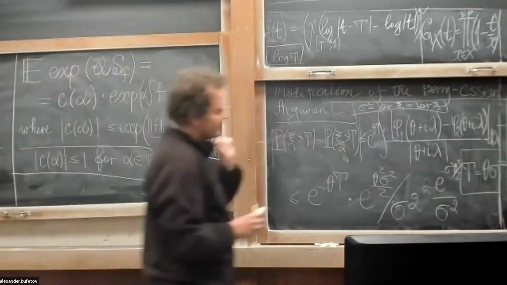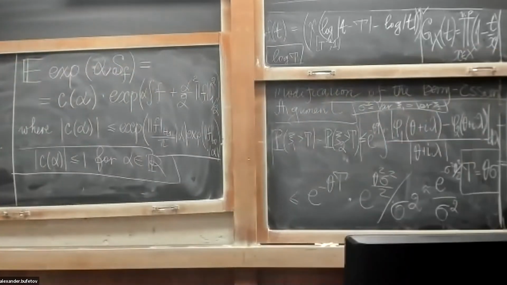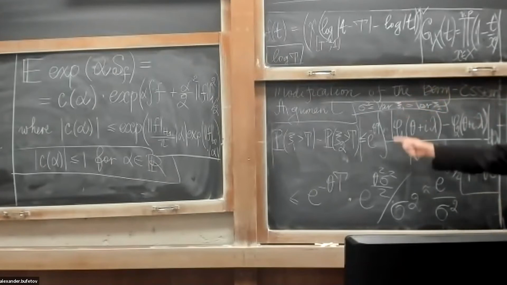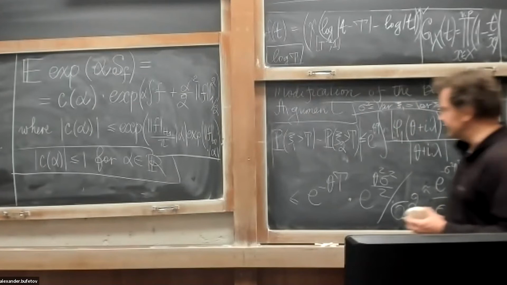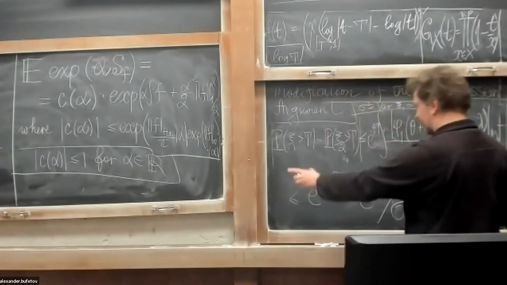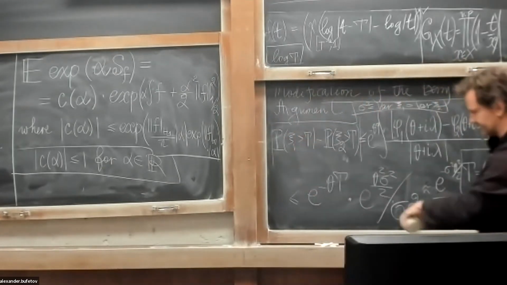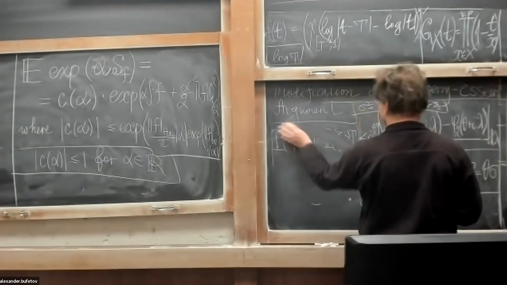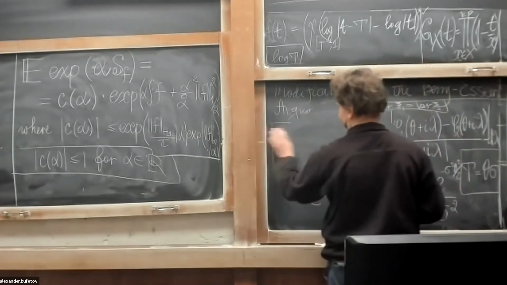So to carry through the modification of the very essence argument, I need the following estimate. So why do I need it? I needed to ensure convergence of the integral. I need the following estimate. So I erase the very essence argument because I don't need it anymore. I need the following estimate for high frequencies.